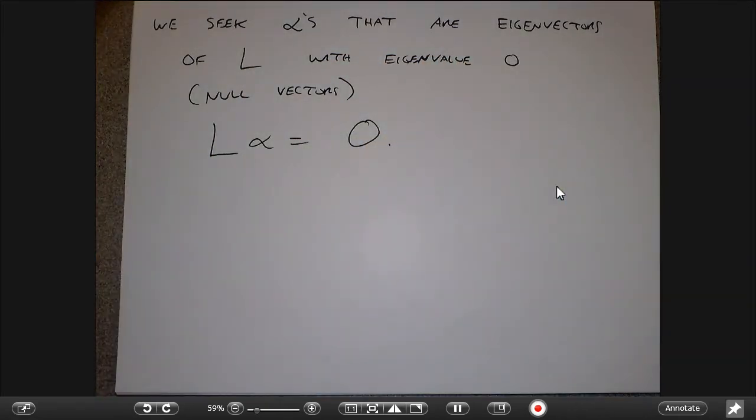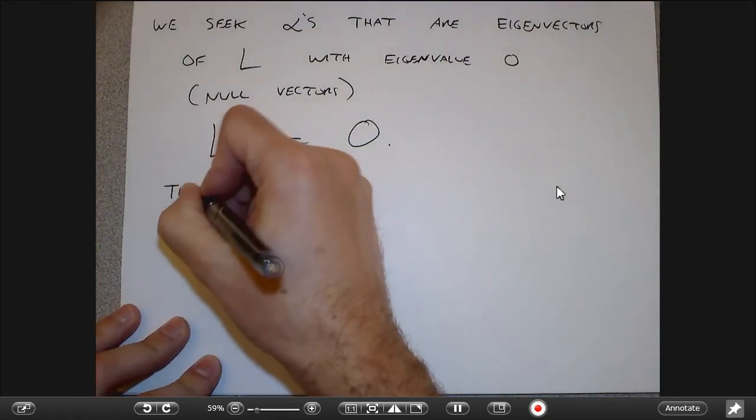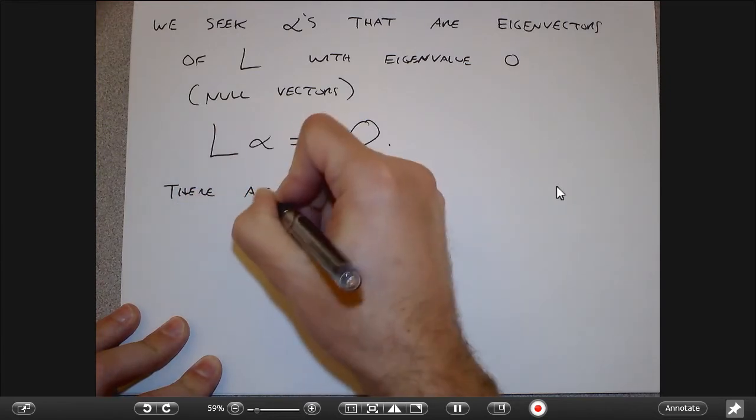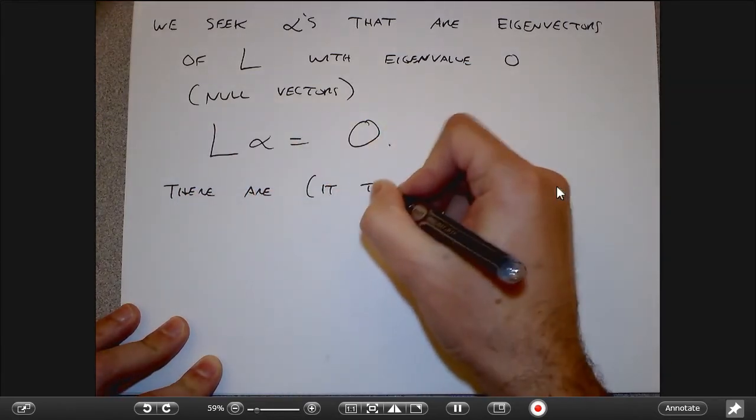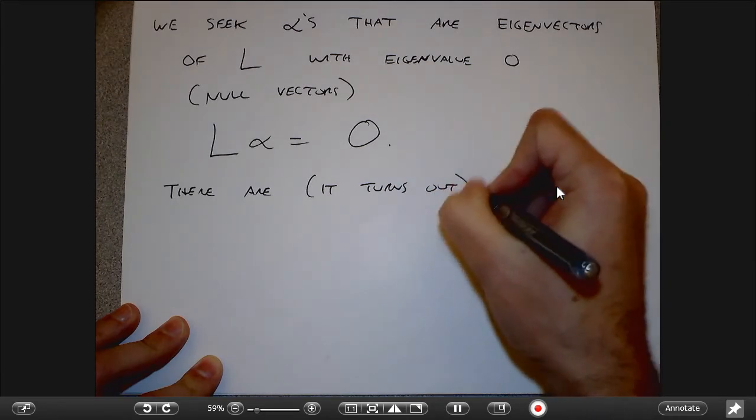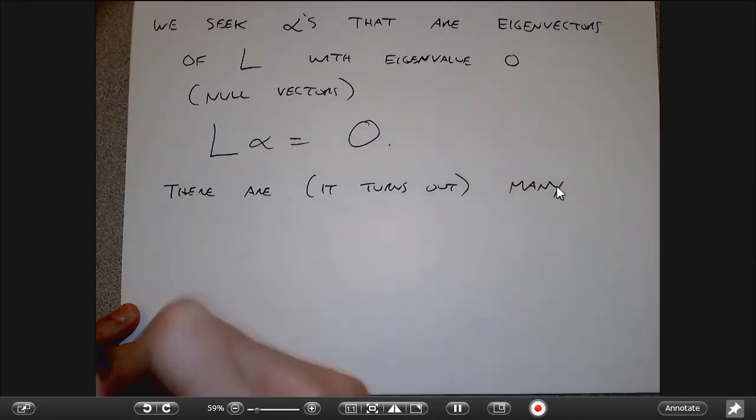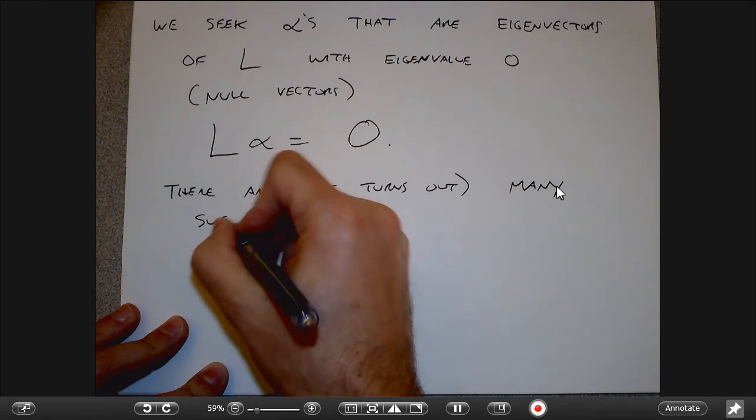Now, it turns out that there are a lot of these, right? It turns out there are many such eigenvectors.